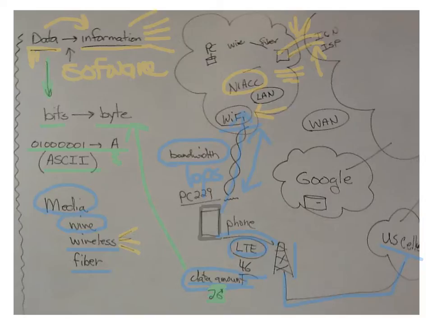We talk about our little network. It's like a separate LAN here at NIACC, where we are in PC-229. We use fiber to connect to a device here at the college, which gets us into the internet. Alright.